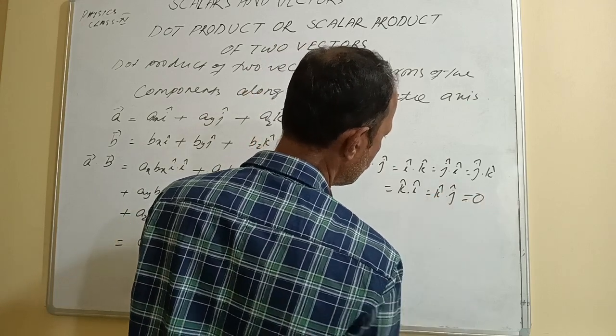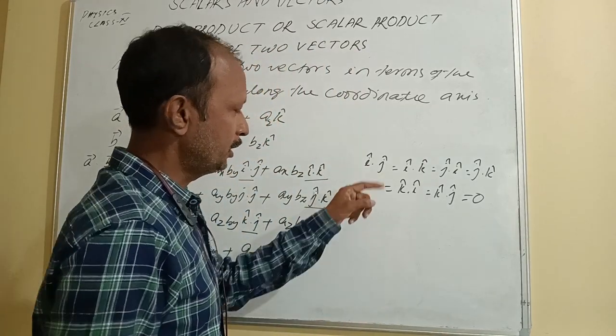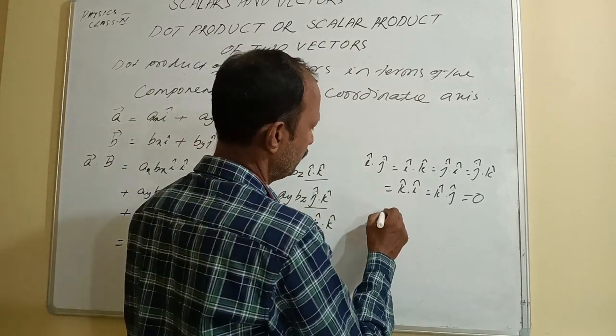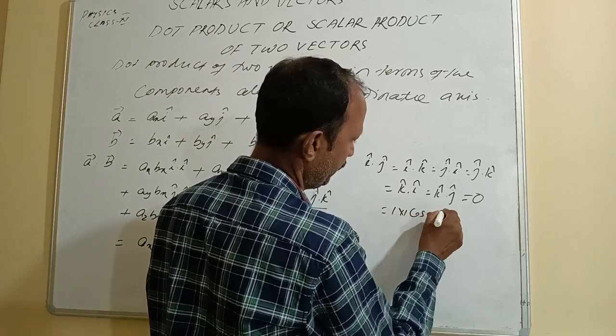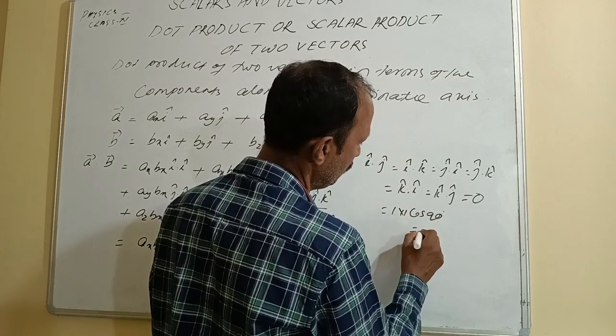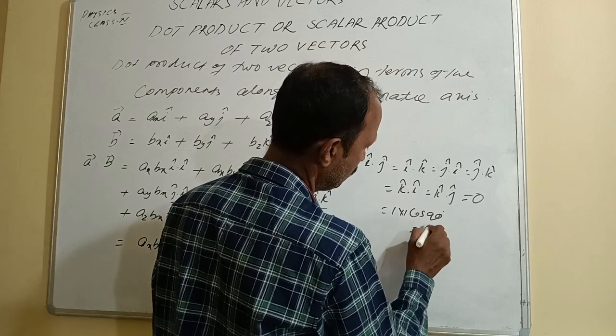These are equal to 0 because these are unit vectors perpendicular to each other. I can say this is 1 into 1 cos 90 degree. This is equal to 0.